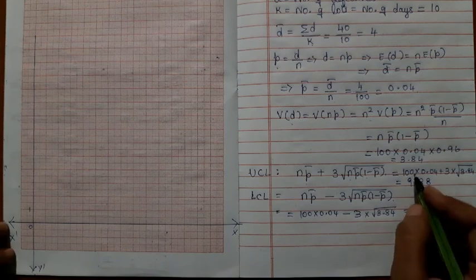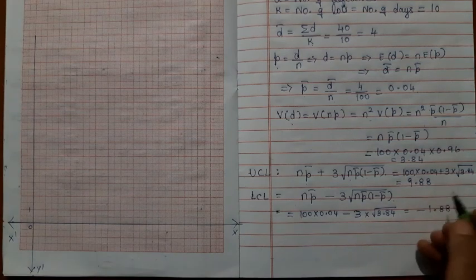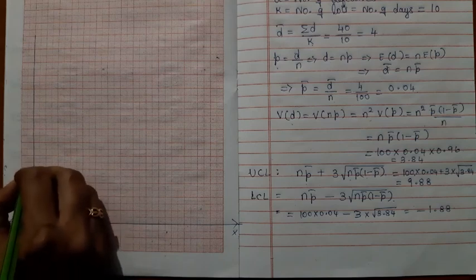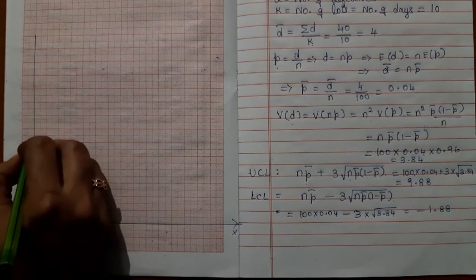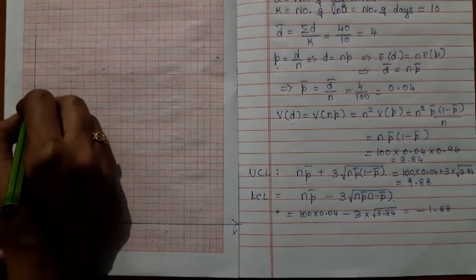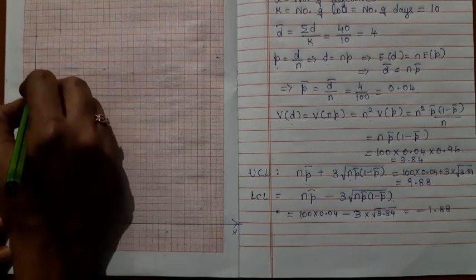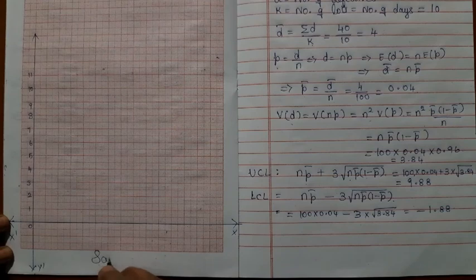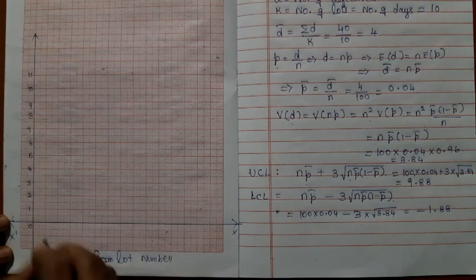So let us construct a D chart for this data. The maximum value you have here is, the upper control limit is 10. So let me select this scale. And the sample number, that is the lot number, is taken on x-axis.